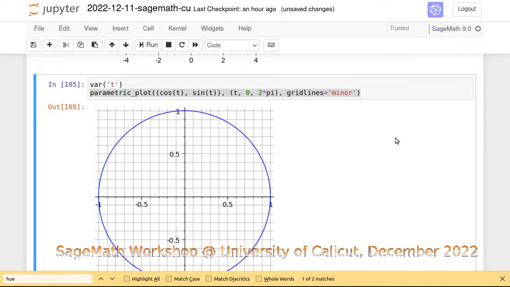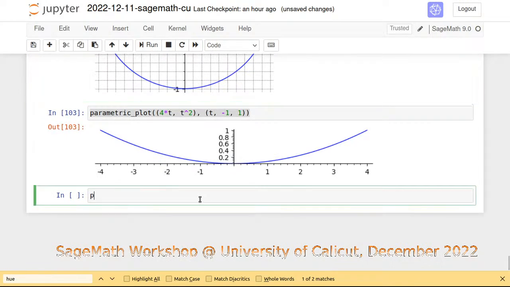Now we have polar plotting also. Just like parametric plot, we have polar plotting. So just use the range of theta, using the r theta structure.